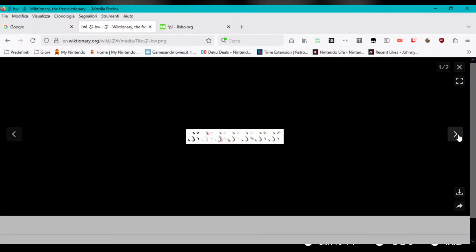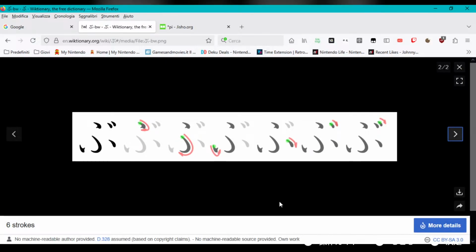Let's go here to see the most common way to write it. Again, we start with fu, comma, top to bottom, inverted comma, comma, and the dakuten in the top right, so 2 commas there.